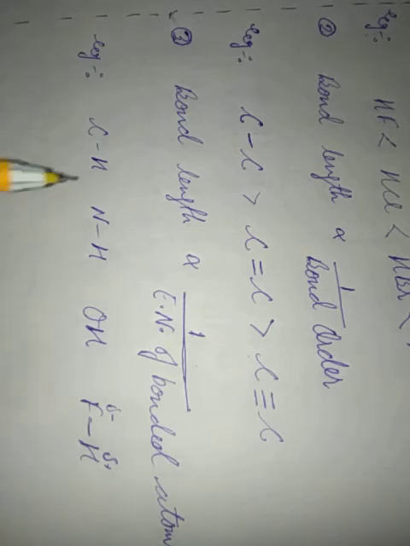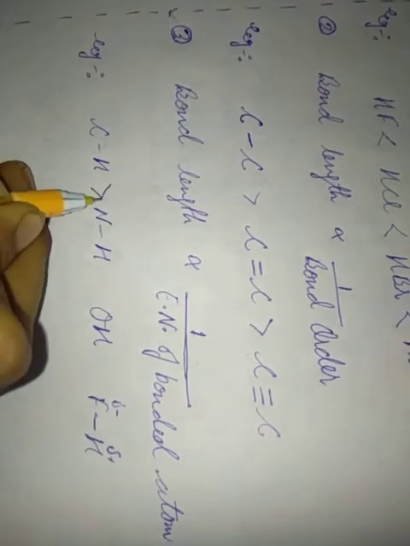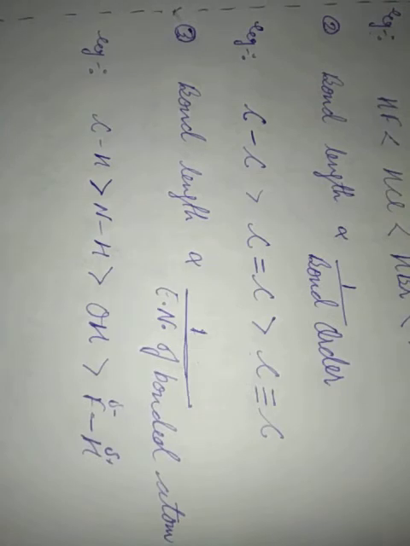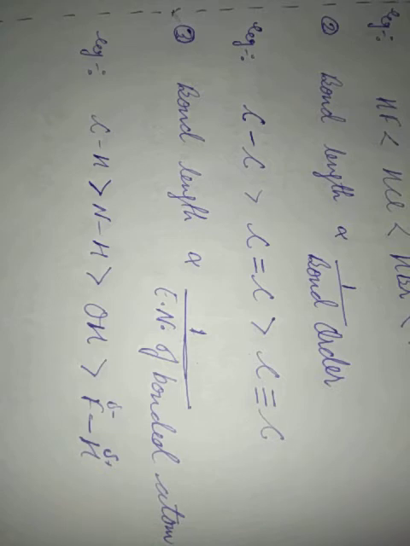So in this case, CH is greater than NH, NH is greater than OH, and OH is greater than FH, because bond length is inversely proportional to electronegativity, and the electronegativity of fluorine is higher than the other atoms. So fluorine has the least bond length.